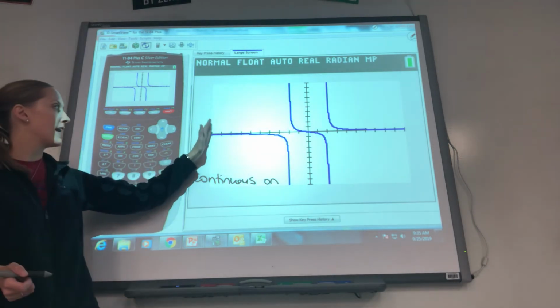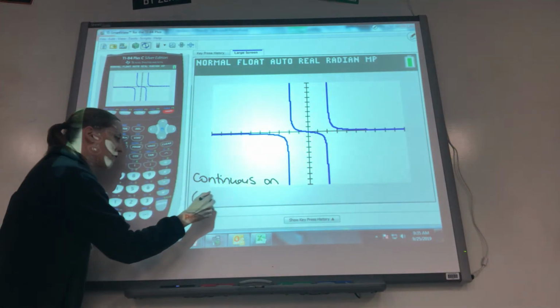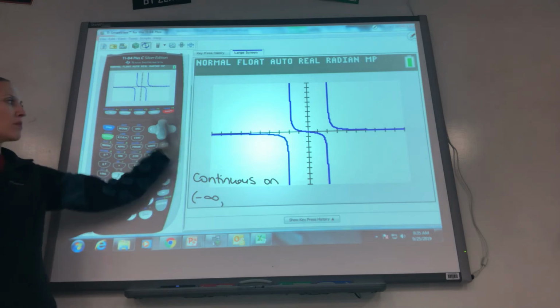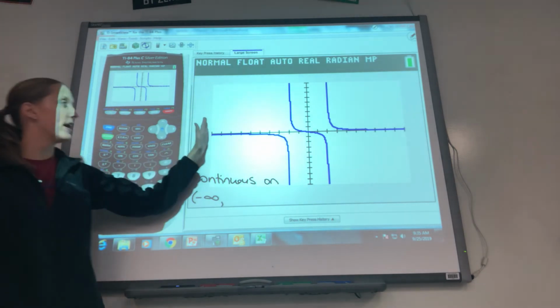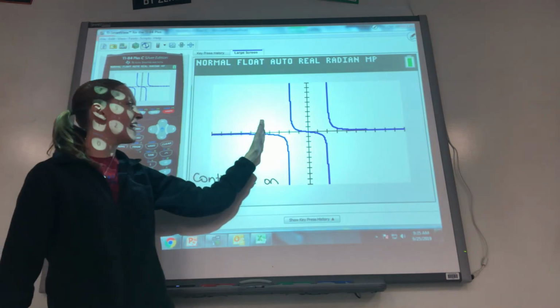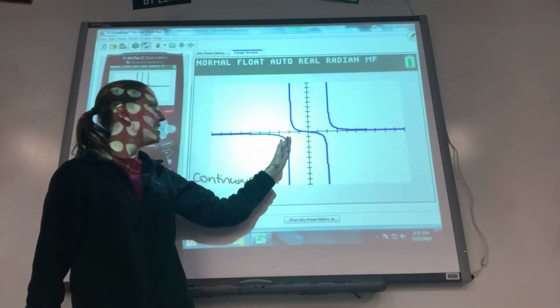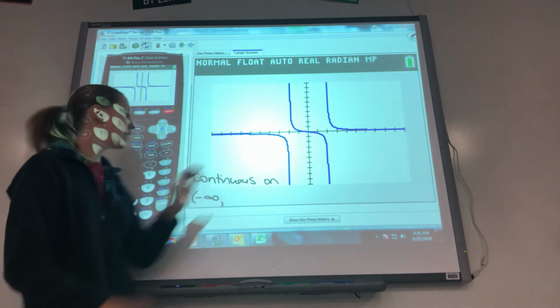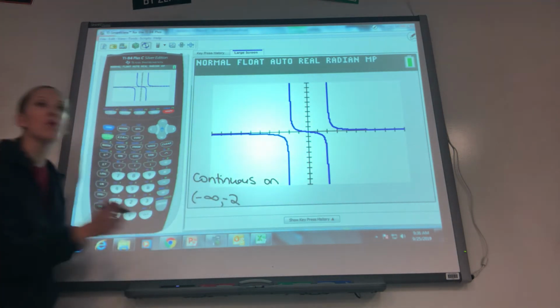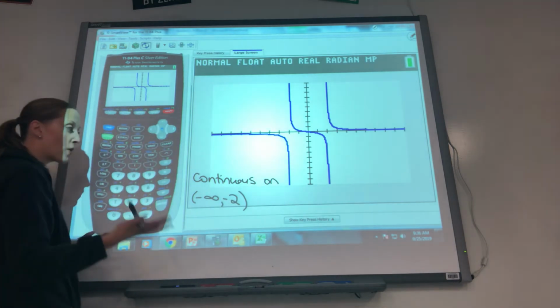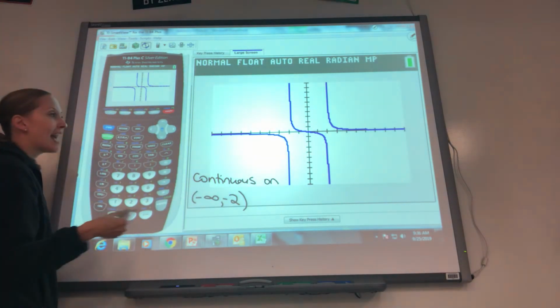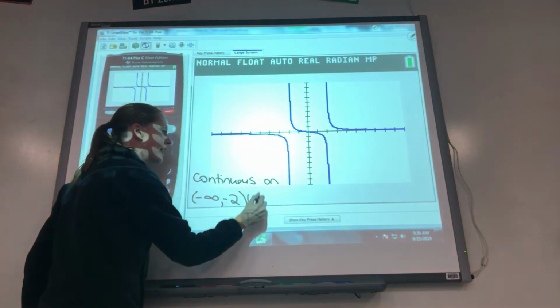I'm starting at negative infinity, because that would be all the way to the left here. And I'm continuous all the way until I get to where x is negative 2. Now, can we equal negative 2? No. So parentheses.